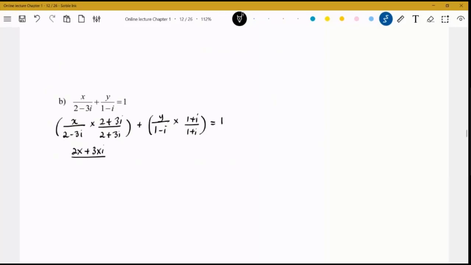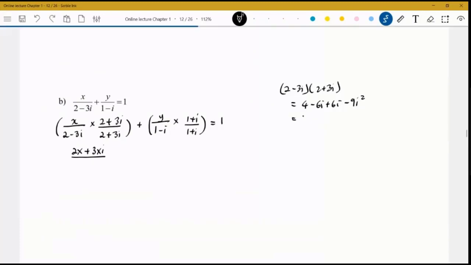So pada bahagian bawah adalah 2 minus 3i, 2 plus 3i. So be 4 minus 6i plus 6i minus 9i square. End up will be berapa ni? 4 plus 9. 4 tolak 9 i kuasa 2. Okay, so end up will be 4 tambah 9 berapa? 13.